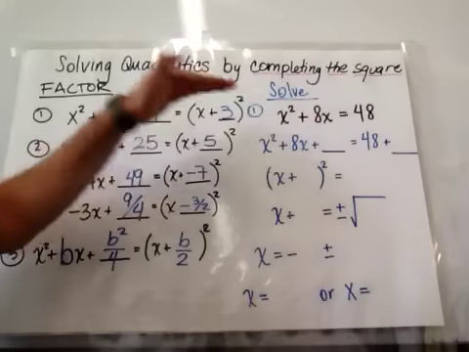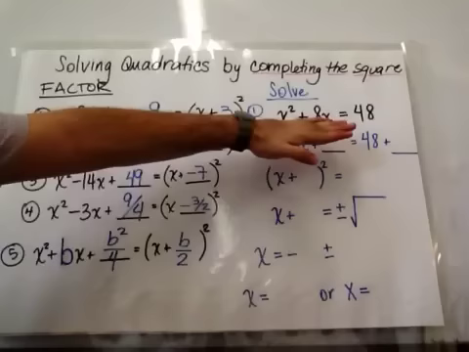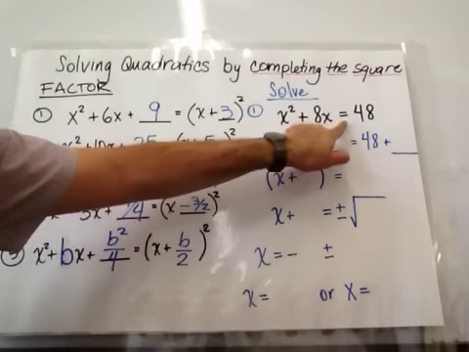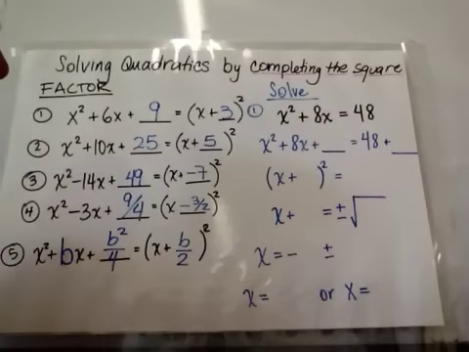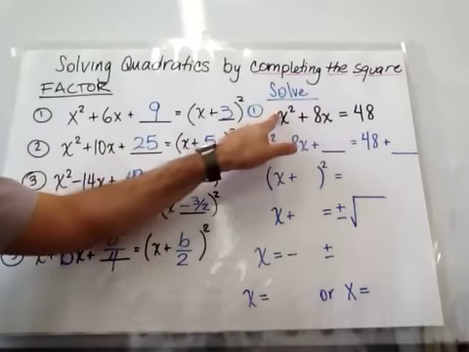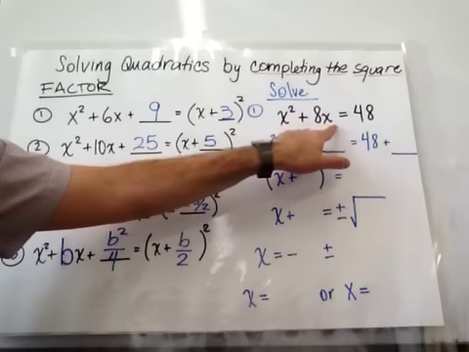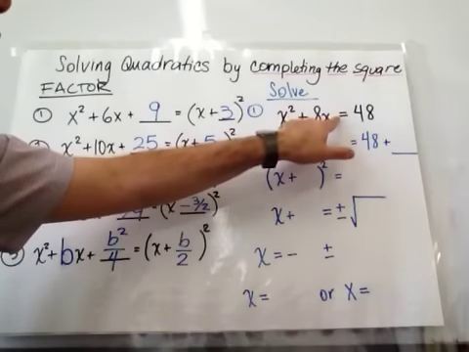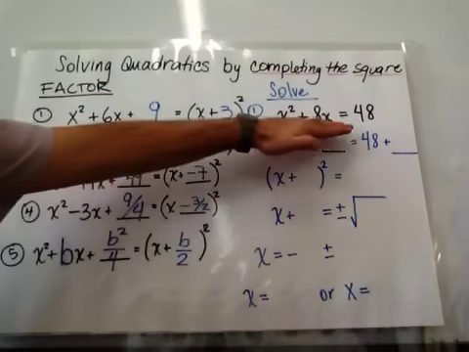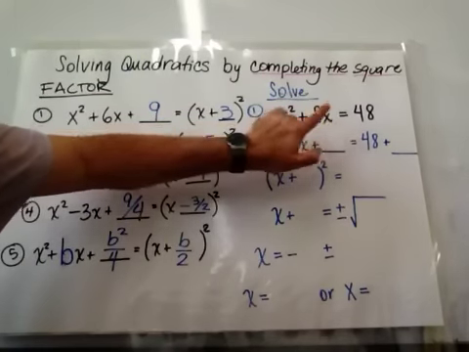Now we're going to solve using this method. Let's say we have the equation x squared plus 8x equals 48. We want to complete the square. Notice we have 1x squared plus 8x, which means we need to add something, just like what we did here, to make it a perfect square.